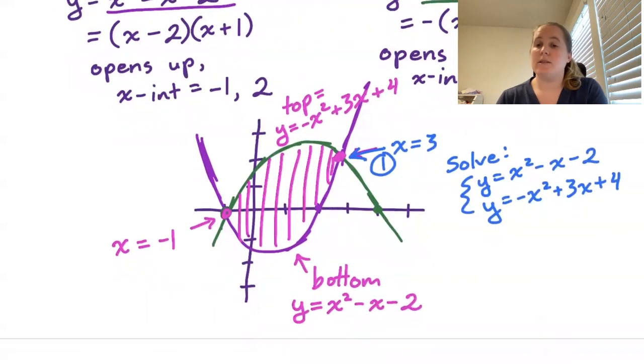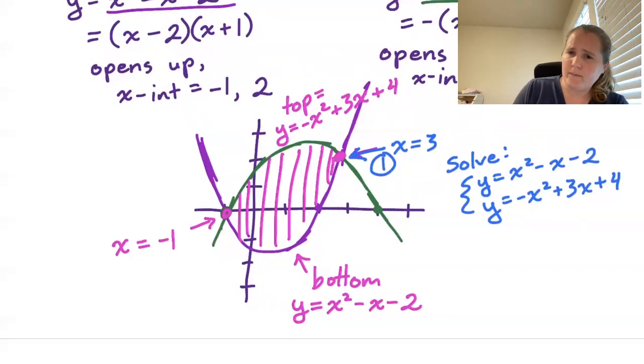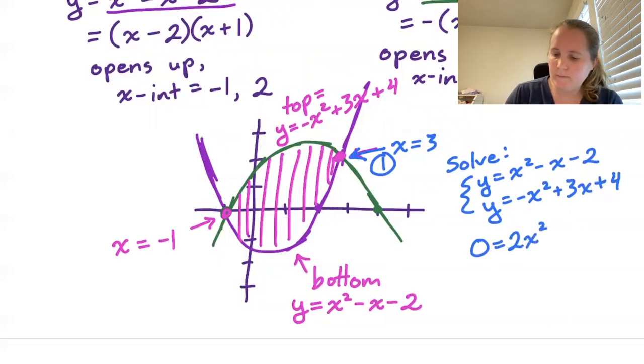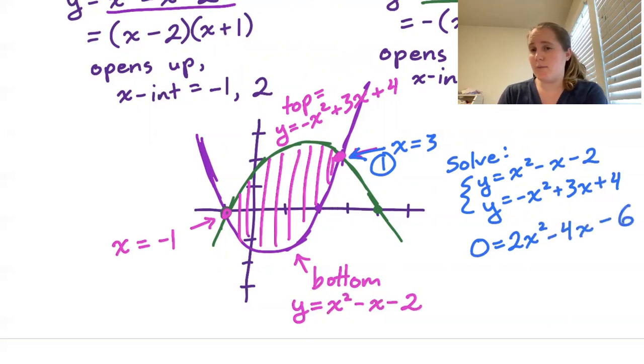So again, we can just set these equal to each other. I'm actually going to subtract them. And we're looking at 0 equals 2x squared minus 4x minus 6. That's equivalent to setting them equal and moving everything over to one side. I just subtracted.